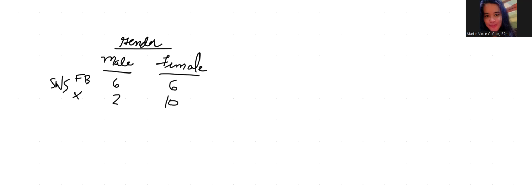So first you have to check for the main effect. So does gender have a main effect? So to check for the main effect of gender, you have to identify first the average of the averages. So 6 plus 2 equals 8 divided by 2. The mean for males is 4.